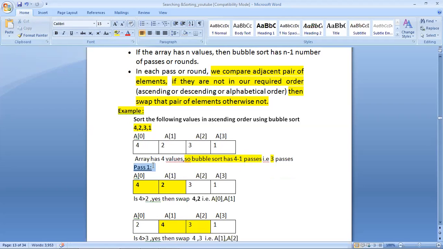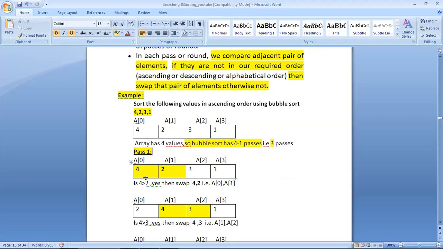We observe pass 1. In pass 1, we compare adjacent pairs of elements. The first adjacent pair of elements from the array are first element and second element, that is 4 and 2. Are these two values in ascending order?